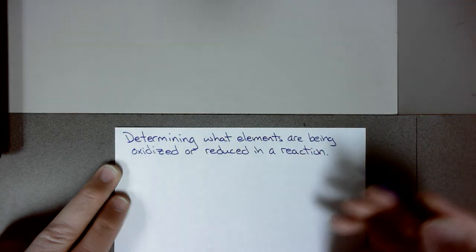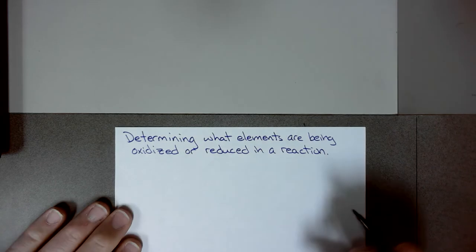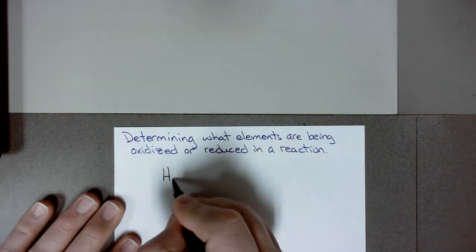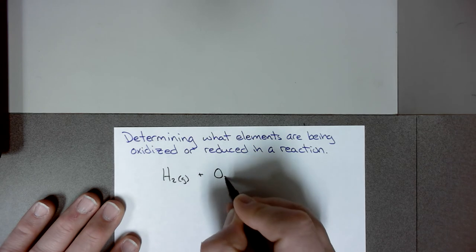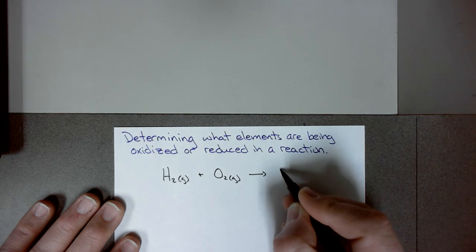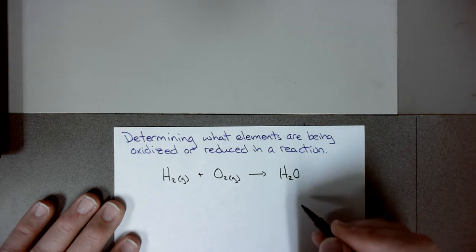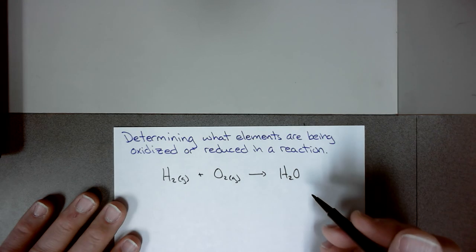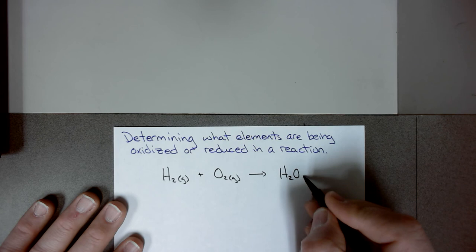Okay, so let's look at reactions. Let's take a simple one to start with. Let's use hydrogen gas plus oxygen gas producing water vapor. In this case, that'll be a gas also.